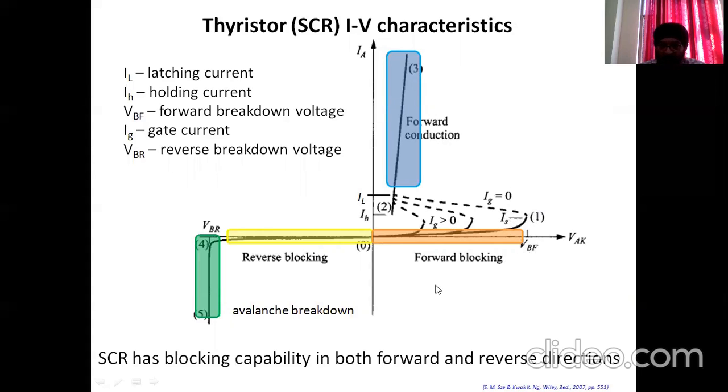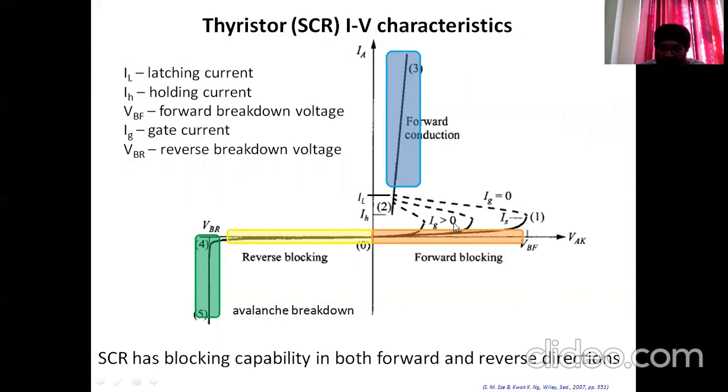Now method B. Method B is this way, where the gate current, the gate pulse, the gate trigger is applied. Here the gate trigger was not applied, so that's why the gate trigger is 0. The gate terminal was not connected. But if we connect this gate terminal, then before reaching the breakdown voltage over here, this device can be turned on much earlier when we apply the gate trigger.